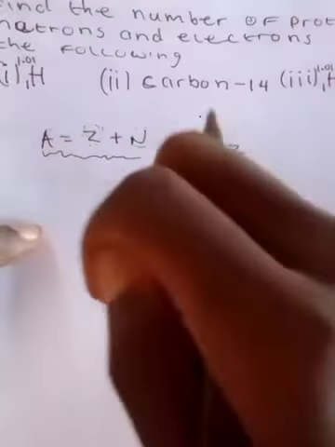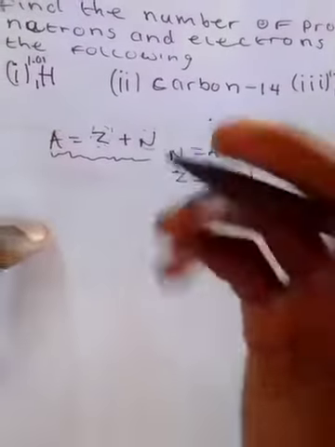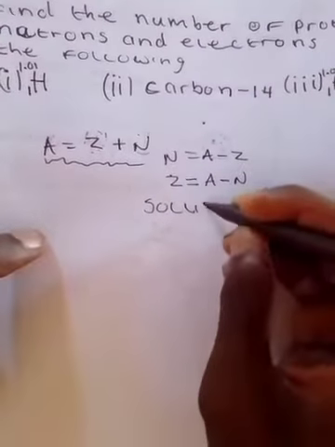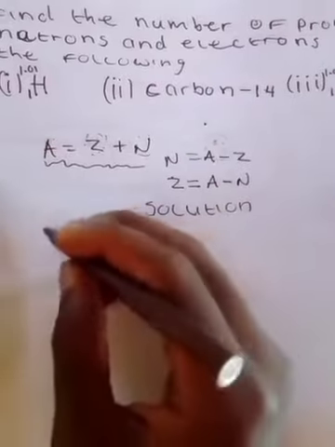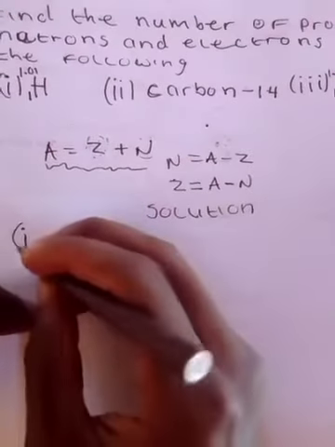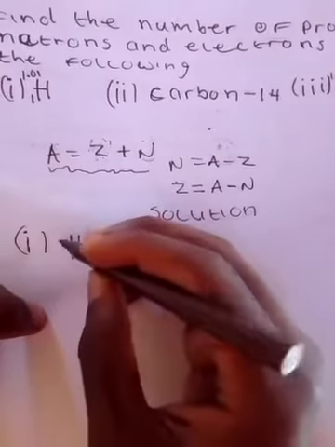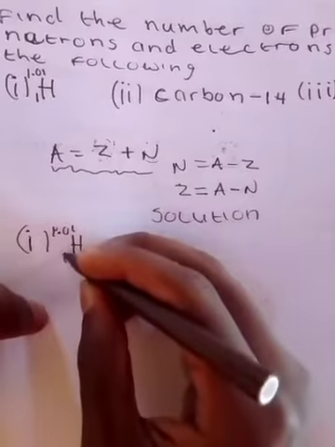Okay, so now let us solve the first one. Solution. So now we have hydrogen having the mass number of 1.01. Here at the subscript we have the proton number, which is 1. So this is neutral.